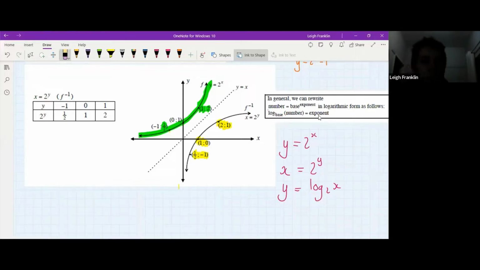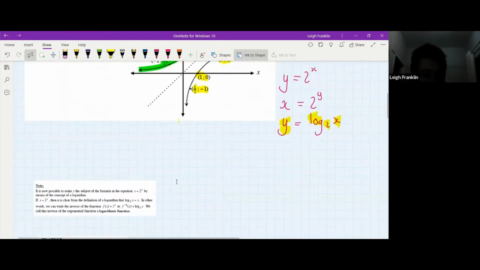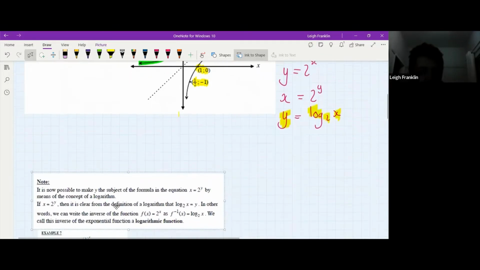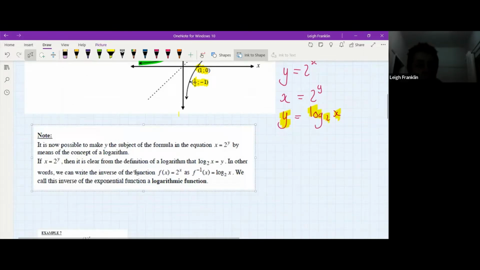Sorry, I'm going to highlight that, not scratch it out. So there's the exponent, there's the log, there's the base, and there's the number. They will expect you to be able to convert between those two in tests and exams.